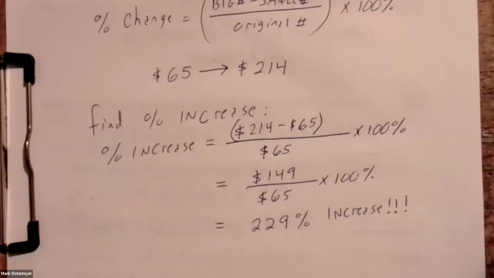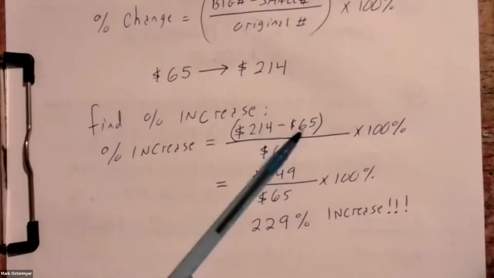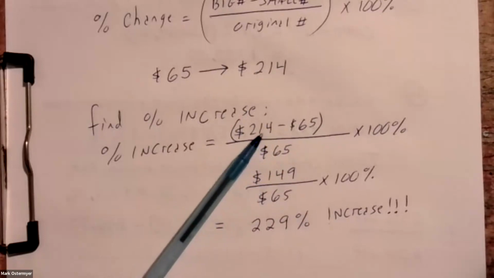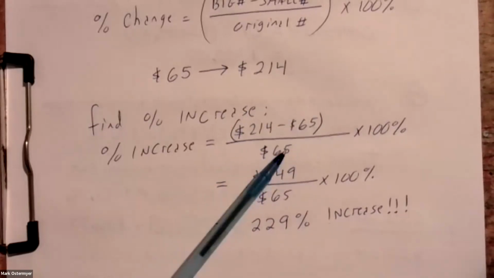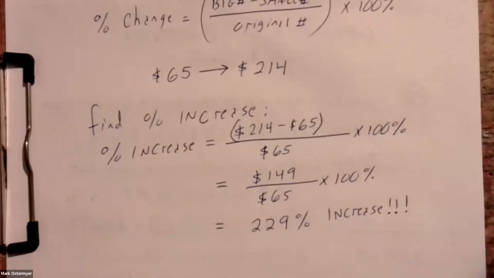Just make sure you enclose your numerator inside parentheses if you use your calculator, before you do the division. Otherwise your calculator is just going to divide this number by this and subtract it off from that. That's not what you wanted to do. You're going to get a logical error. Anybody else get 229% increase?